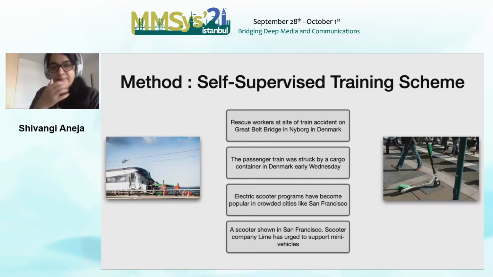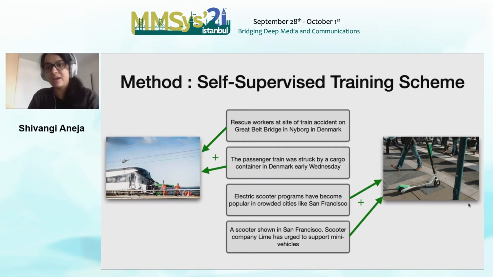The idea is that we want a positive association of the captions that are related to the image. For example, these top two captions, rescue workers and passenger train, are positively related to this image. The bottom two captions, electric scooter and scooter, are negatively related to this train accident image, but positively related to this scooter image. And vice versa for the other captions from the data set.